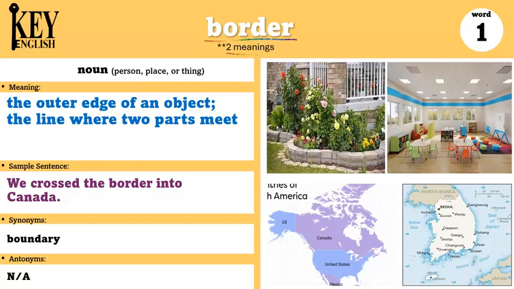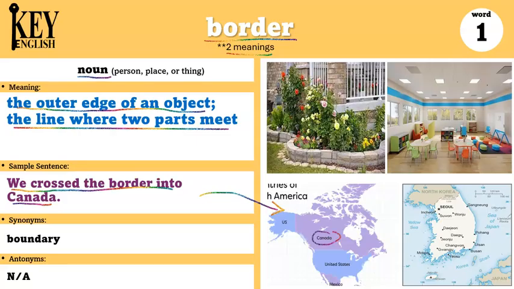Border does have two meanings. The first one is a noun, and it means the outer edge of an object, the line where two parts meet. For example, we crossed the border into Canada. So this sentence here, if you look at a map, this is a map of North America.